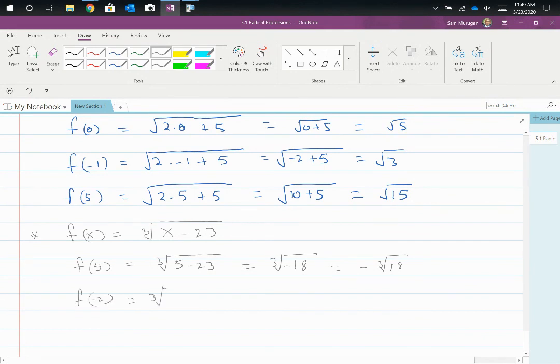F of negative 2, cube root of negative 2 minus 23, which is the cube root of negative 25, or negative cube root of 25.